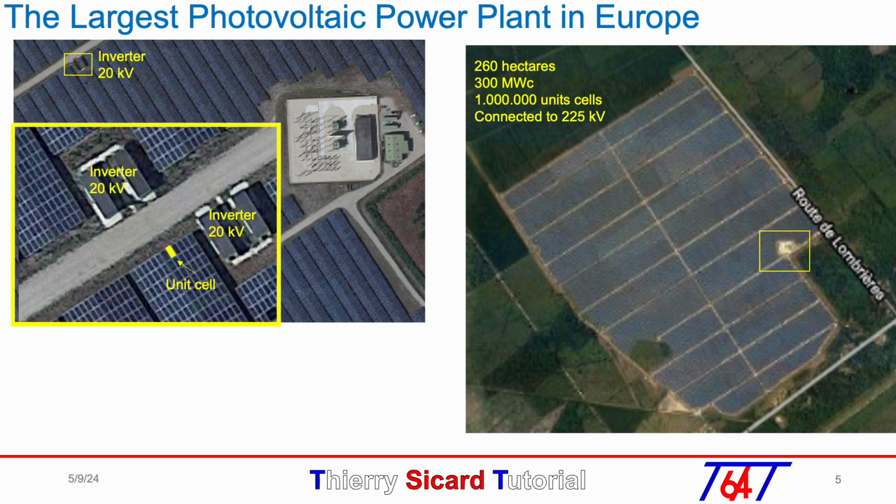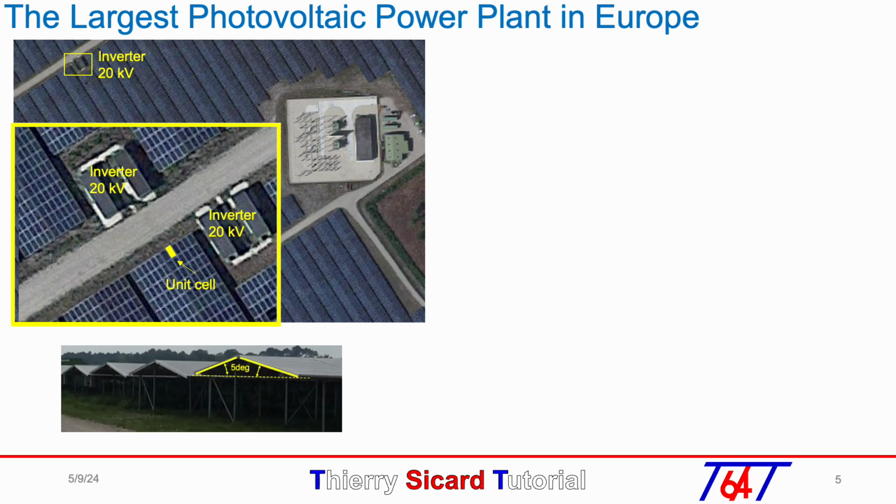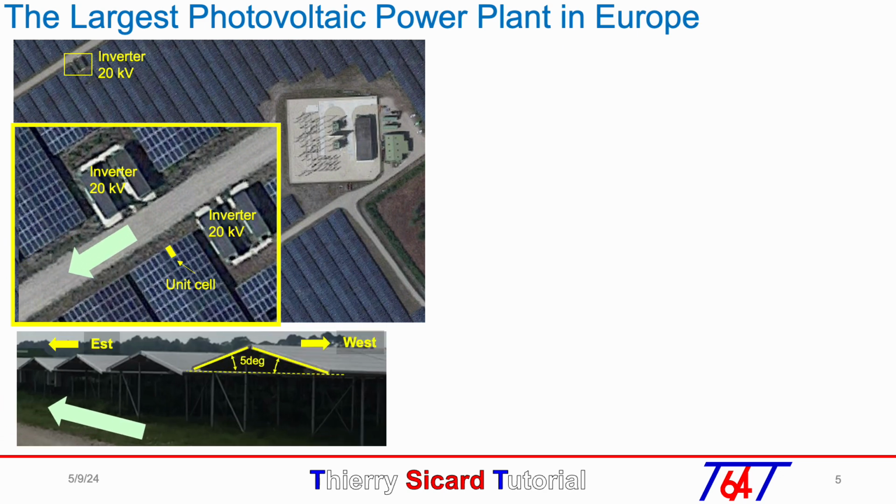The solar cells are oriented east-west with an angle of 5 degrees. The idea was not to lose area, because if the orientation were to the south, we would need space due to the shadow between cell panels.